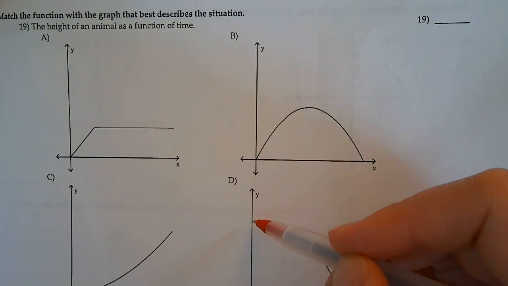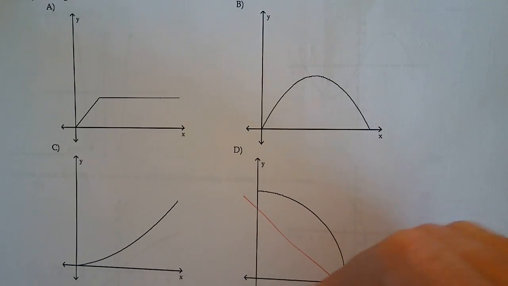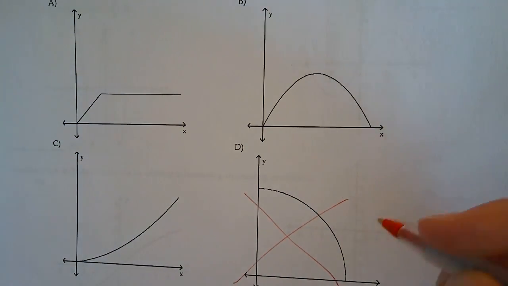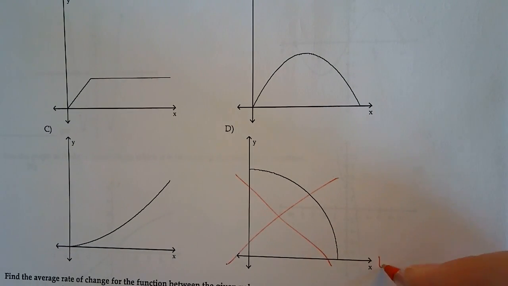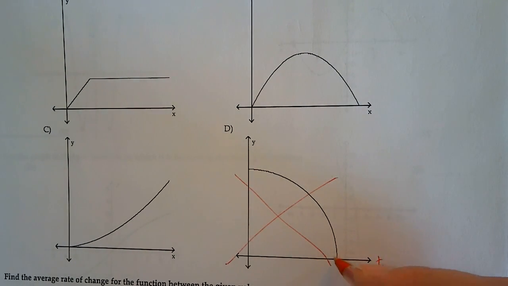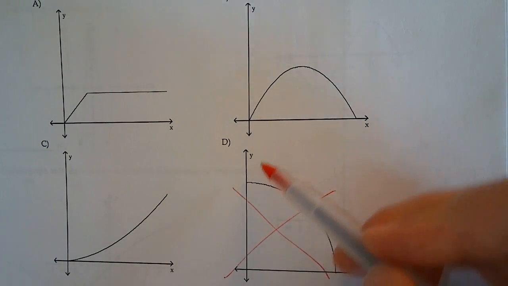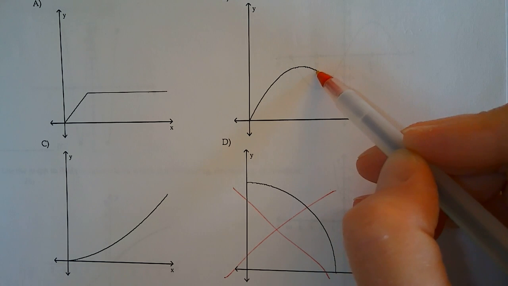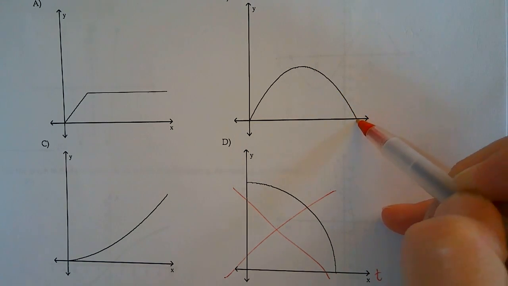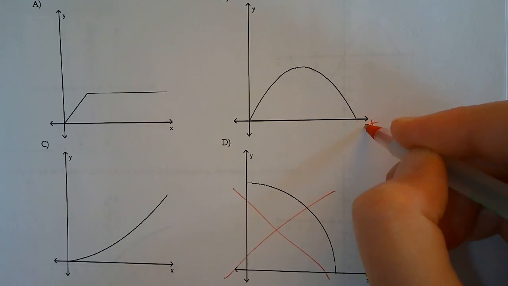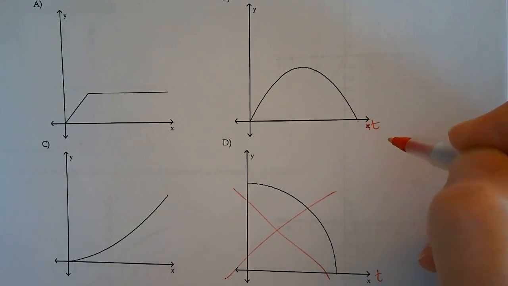This one starts big and gets smaller. So, that's not how animals grow as a function of time, right? That means that this is our time axis. As time goes on, this animal shrinks to nothing. That's weird. But this one grows taller and then gets shorter and shorter and shorter, and at some time it disappears.